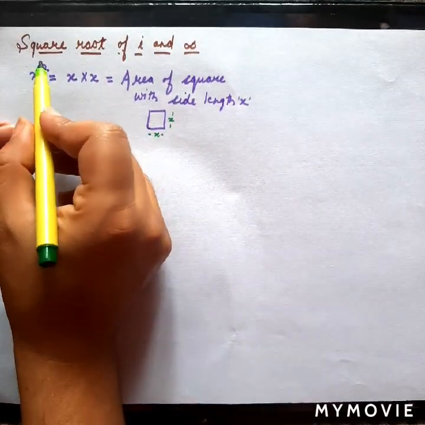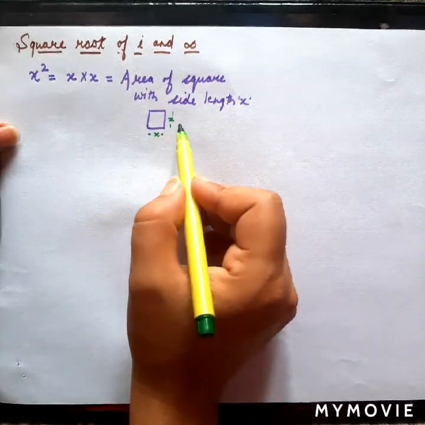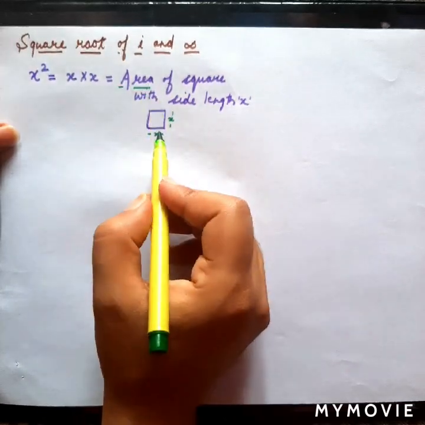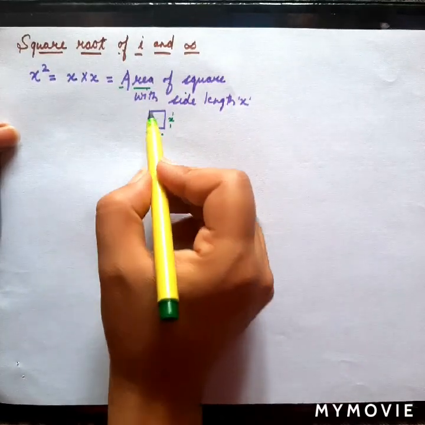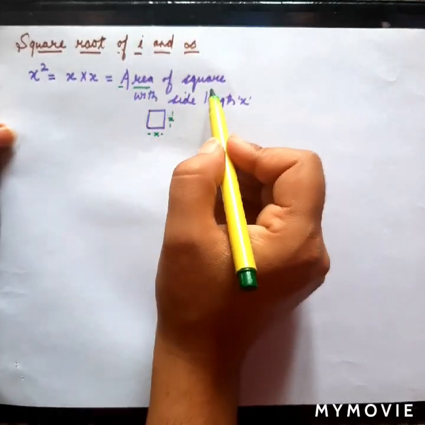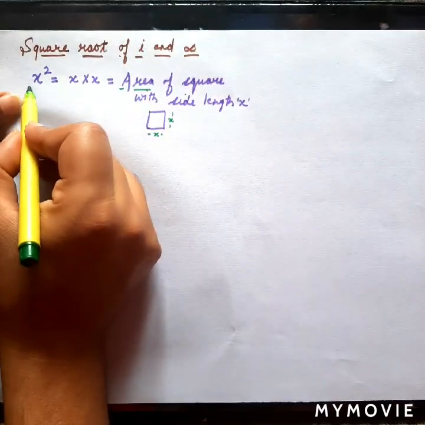So whenever we take square of any number, then we usually say that it is actually an area of that square. This is actually an area of a square with side length x. This is the meaning of a square.